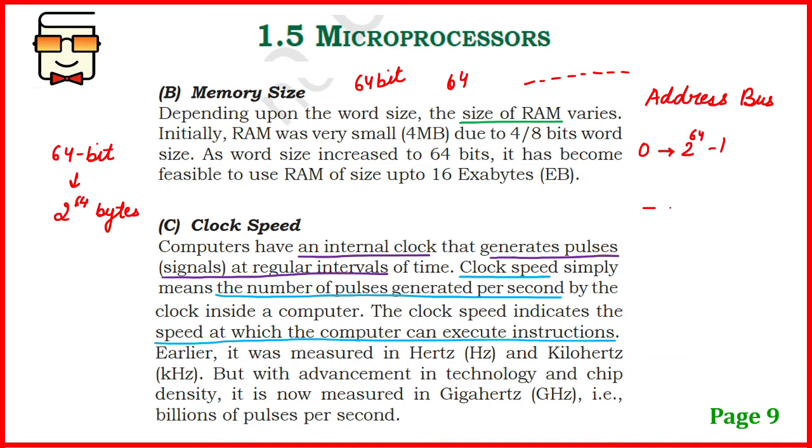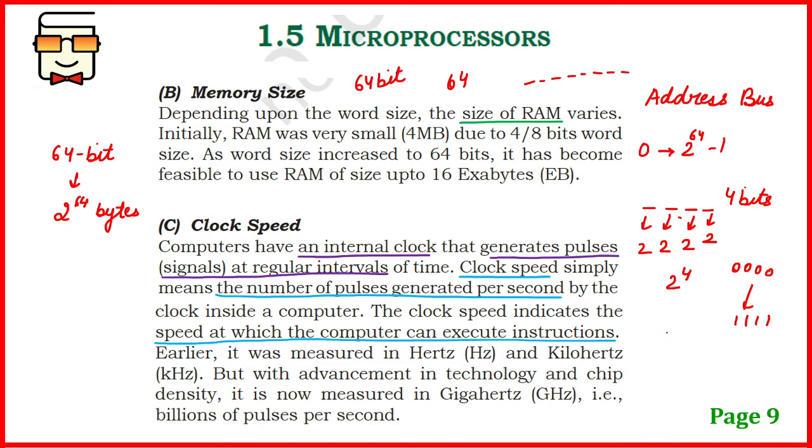Now I'll give you a simple example. When I have 4 bits, for each bit there are two possible digits that I can write, either 0 or 1. So the number of combinations that can be formed is 2 raised to power 4, and these will be 0000 till 1111.